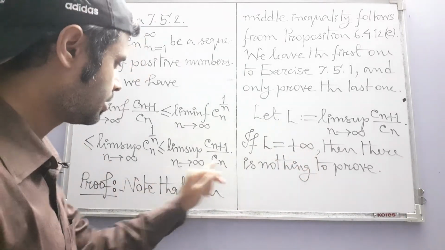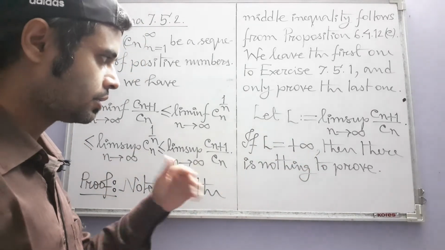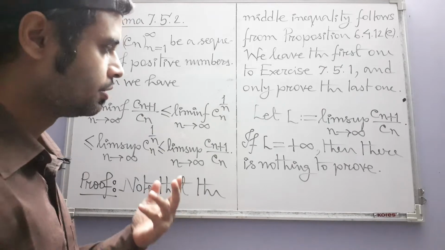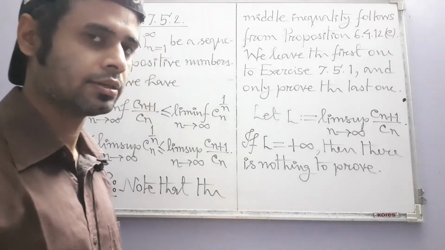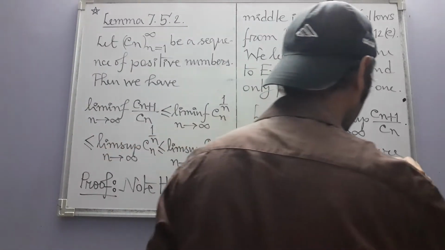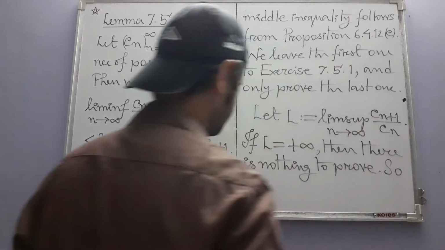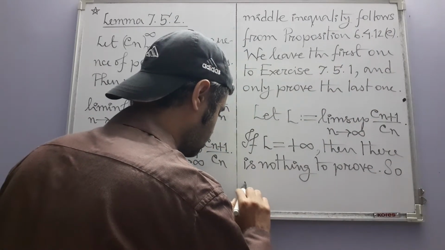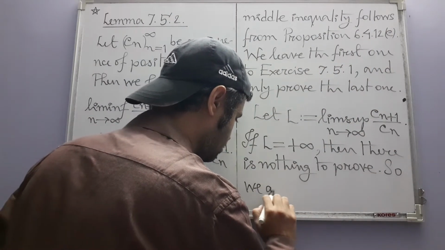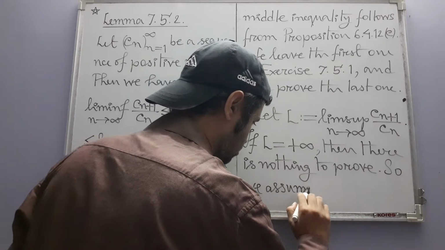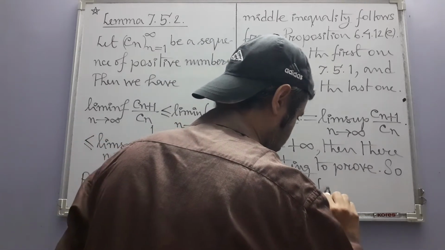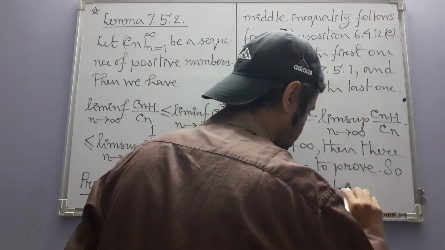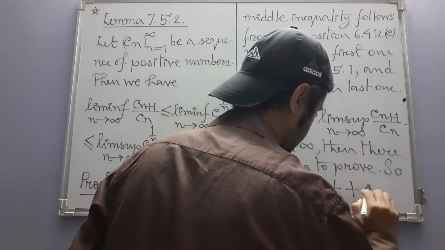So it's greater than or equal to everything, greater than or equal to itself also. So in that case, there is nothing to prove. So we assume L is not equal to plus infinity.